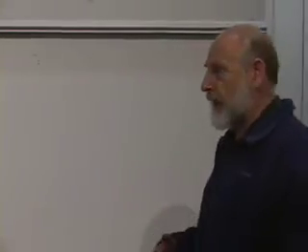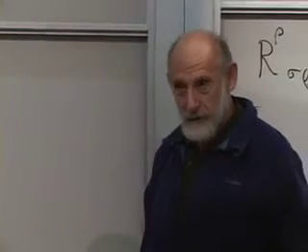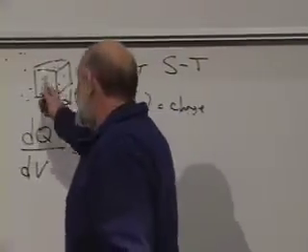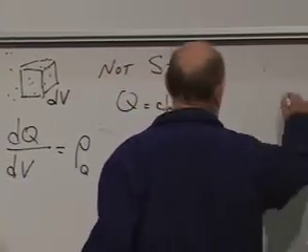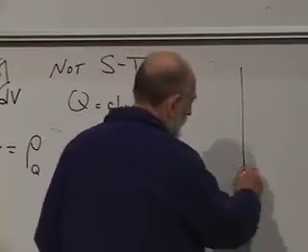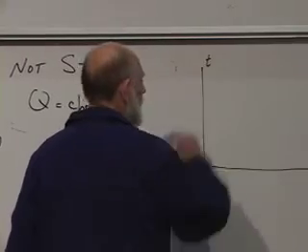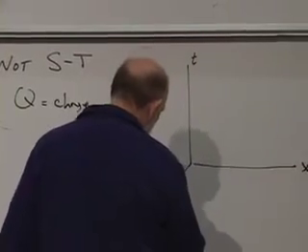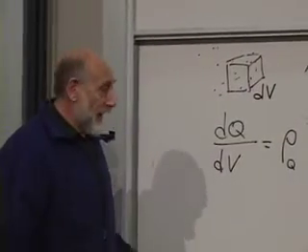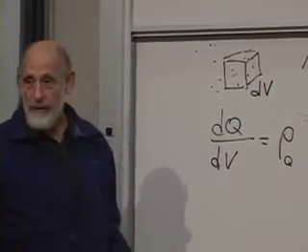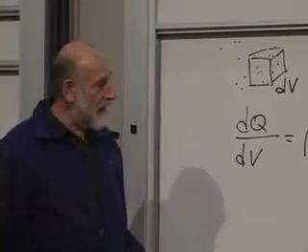Let me picture it another way. I want to now picture it in a four-dimensional picture. Unfortunately, I can't draw four-dimensional boxes very well. So what I'm going to do is think of the three-dimensional box as being two-dimensional. Here we are going to draw space-time. Here's time, here's space, x and y. Unfortunately, I can't draw another axis, but it would only make things a little more complicated than they need to be.